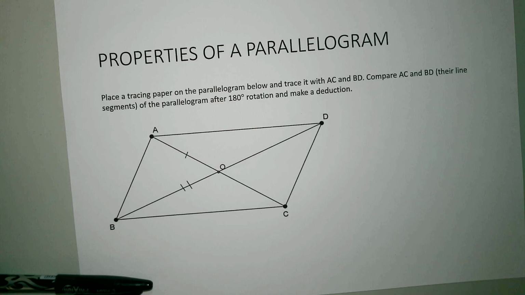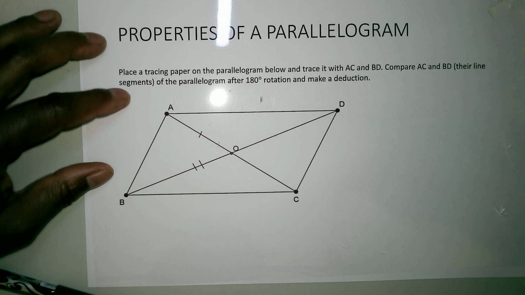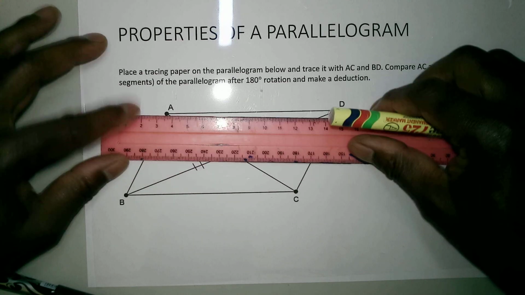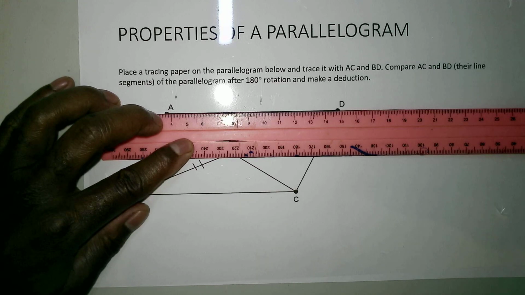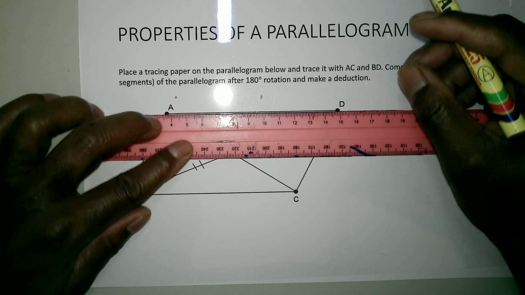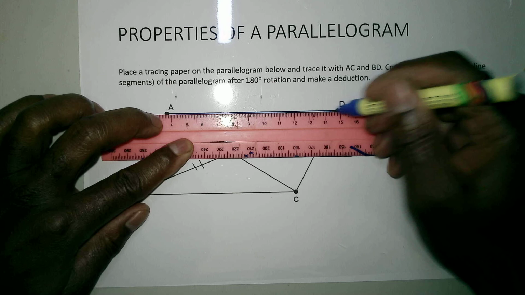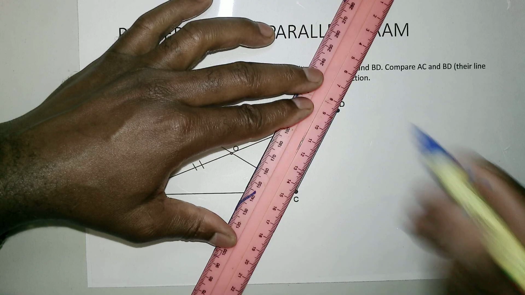Trace the diagonals just like this, as accurately as possible. Now we are tracing the quadrilateral. Now we are done with the quadrilateral.